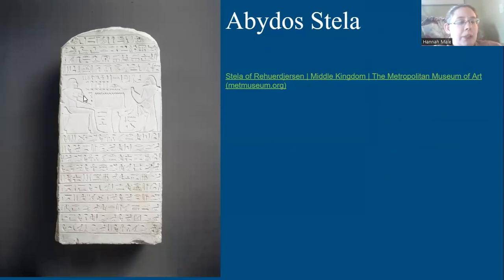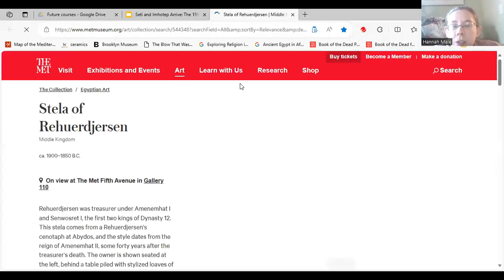So you have the deceased person in front of the offering table, and then a depiction of the person who actually paid for the stele to be made, who may still be living. And so it may be the case for this. And actually, we click on the link.